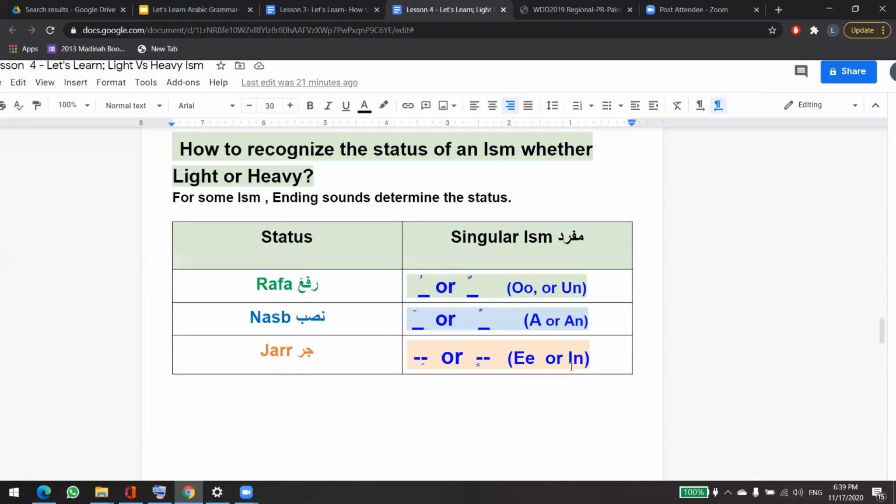So e or in, both are jar. U, a, e is the lighter version, and un, an, in is the heavier version for ending sounds.